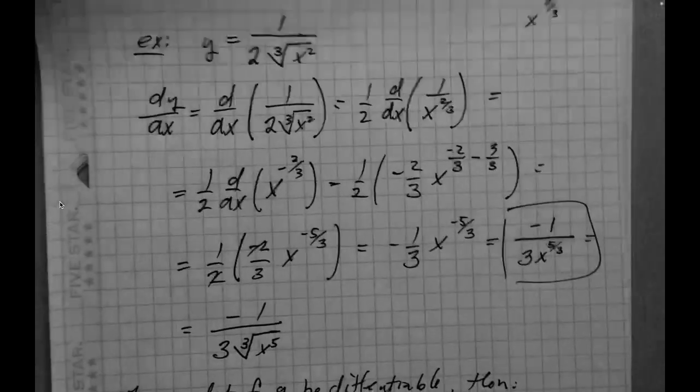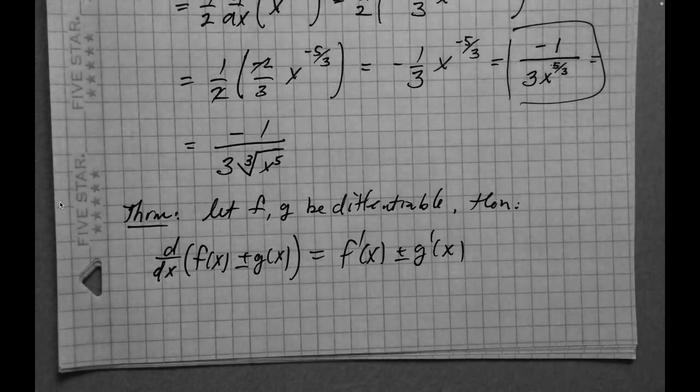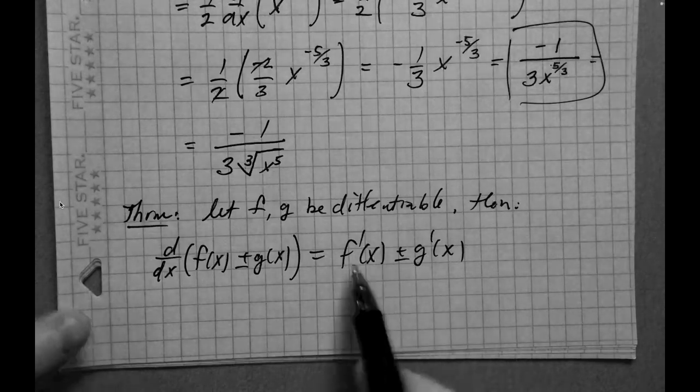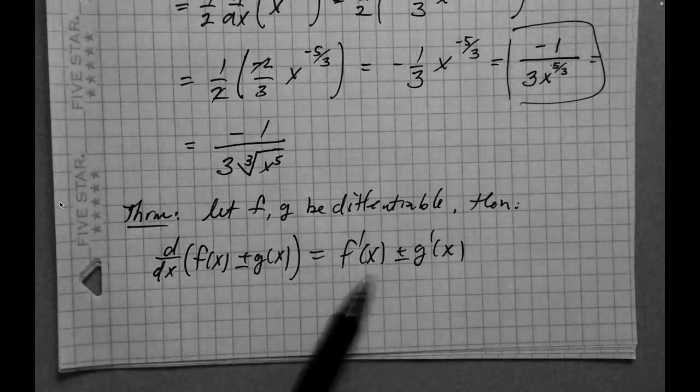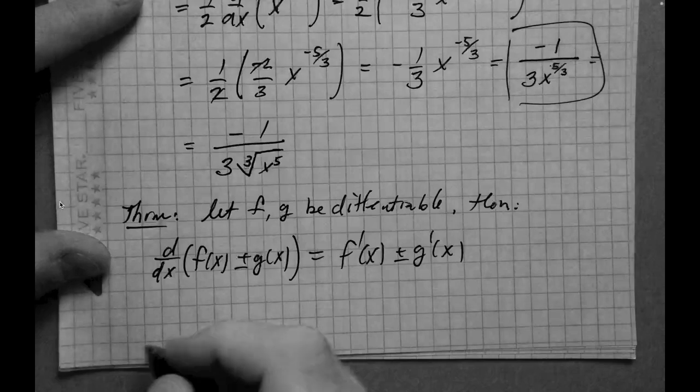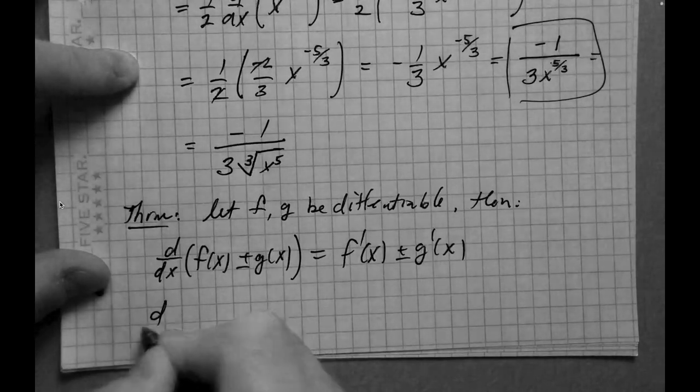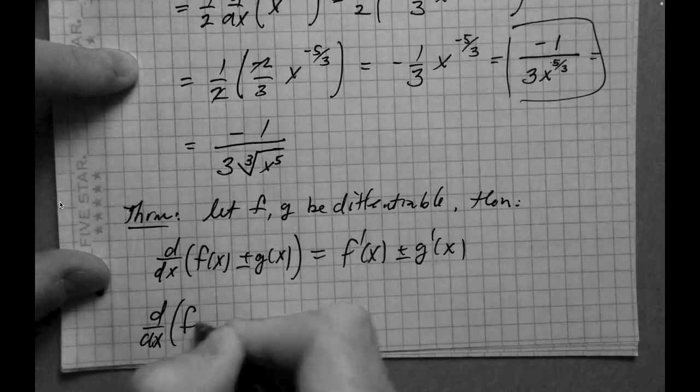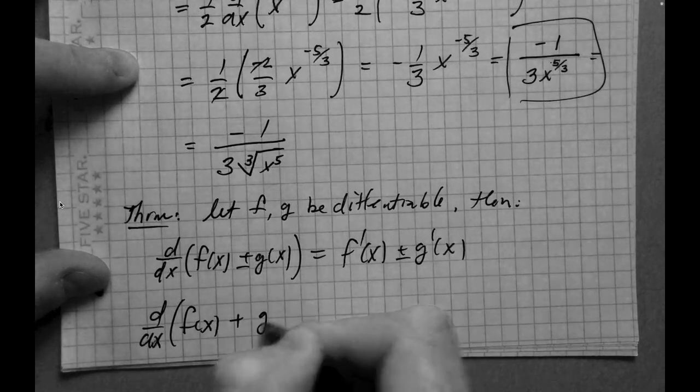Okay. All right, so if I've got two functions added together and I differentiate them, it's the same as adding together the derivatives. And if I subtract them, the same thing holds. So you can think of it kind of like this. This is useful in a lot of ways. Here's one of the ways that it's most frequently used.